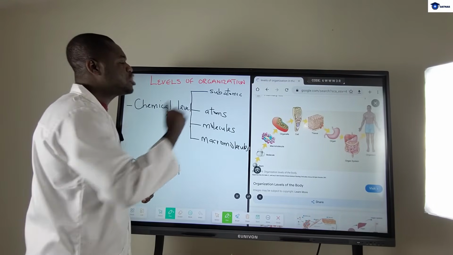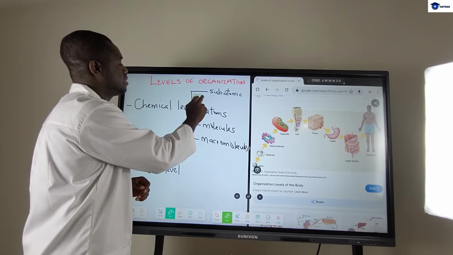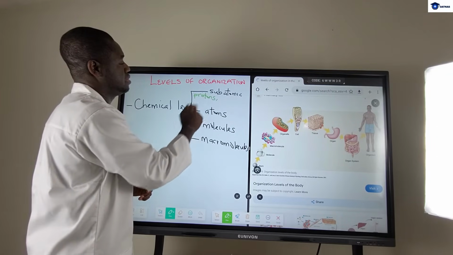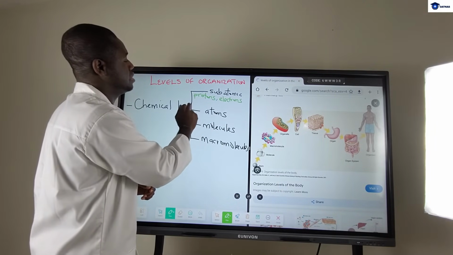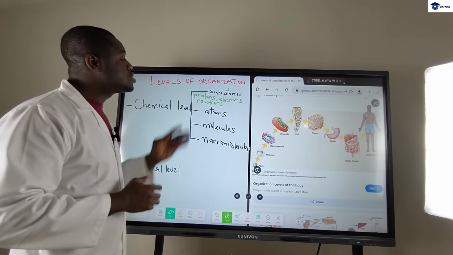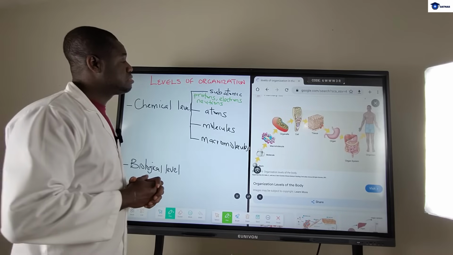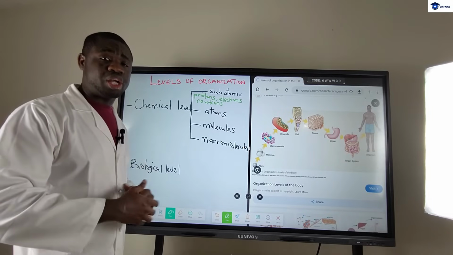Under the subatomic state, we have the protons, electrons, and neutrons. In chemistry, we learned that protons are positively charged, the neutrons are neutrally charged, that is, they have no charge, and the electrons are negatively charged.